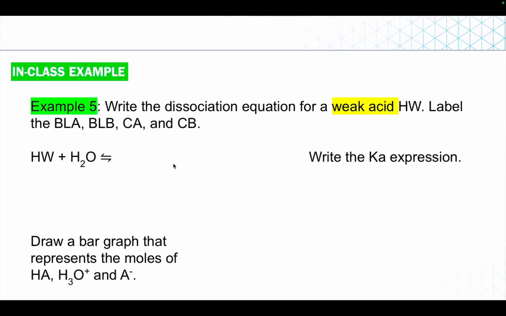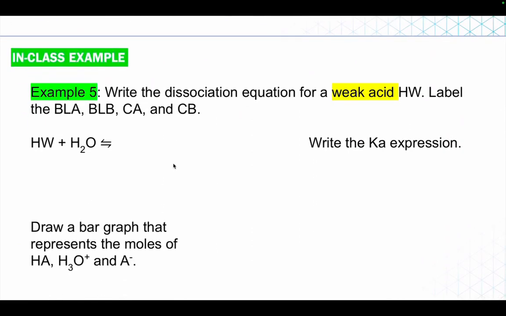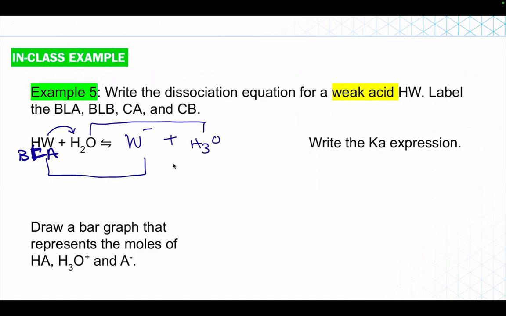So similarly, we can do that same thing for a weak acid. So here's our Bronsted-Lowry acid. It's going to donate its hydrogen and become W, the ion, and then the water is going to become hydronium.